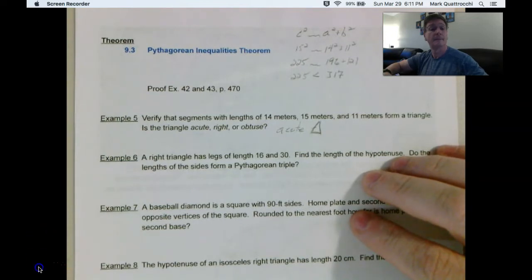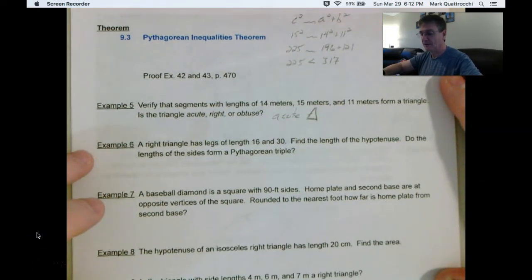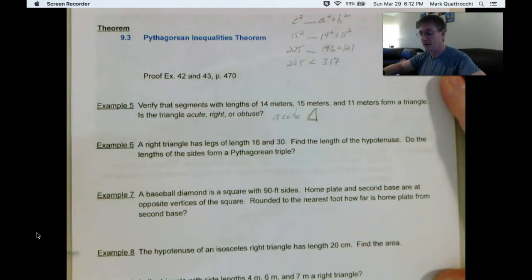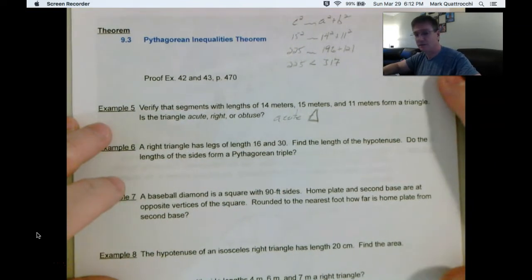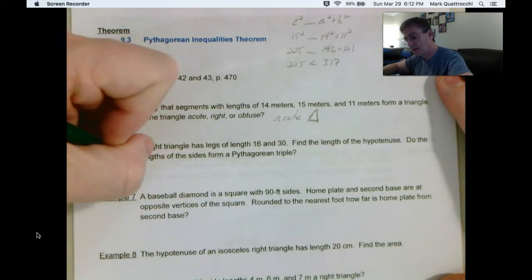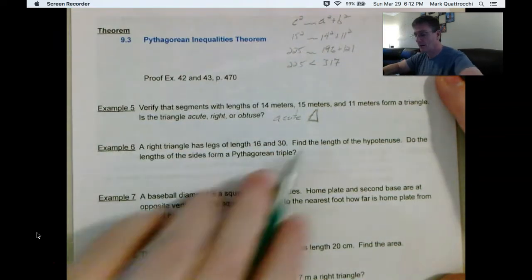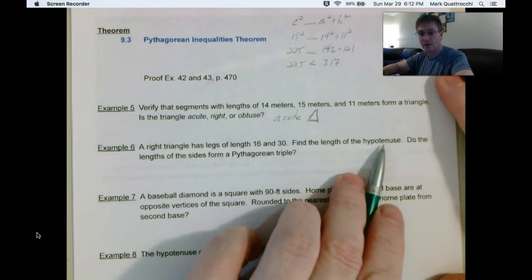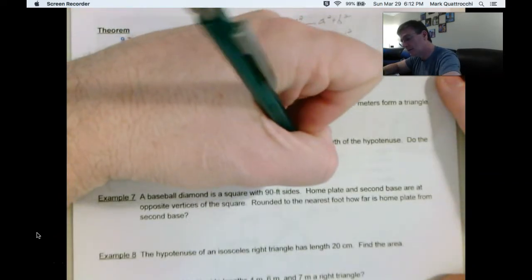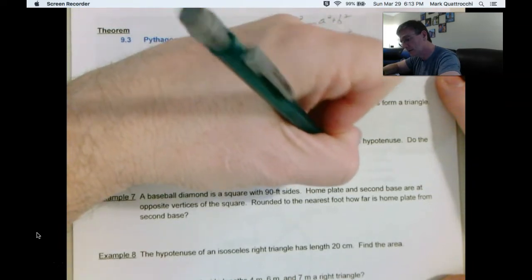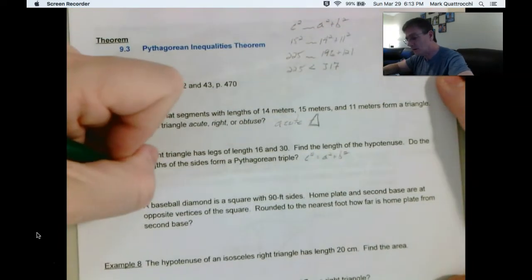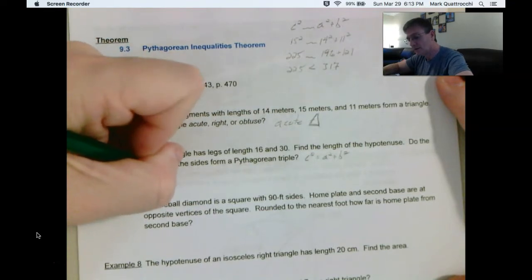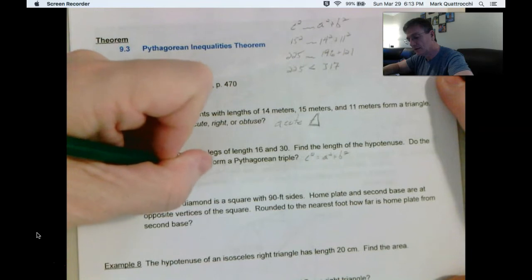Example 6. A right triangle has legs of lengths 16 and 30. Find the length of the hypotenuse and determine if the lengths of the sides form a Pythagorean triple. Again, we know that this is a right triangle, so the Pythagorean theorem applies. We know 2 of the 3 sides. We're going to find the third side and see if it forms a Pythagorean triple. We're looking for the hypotenuse, so we're looking for the c value. C squared equals a squared plus b squared. C squared equals 16 squared plus 30 squared.